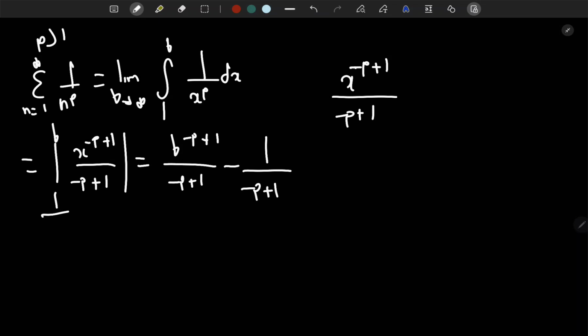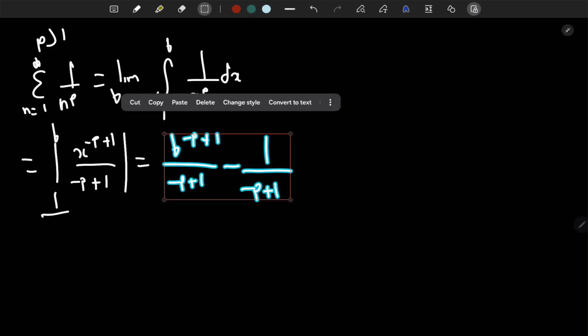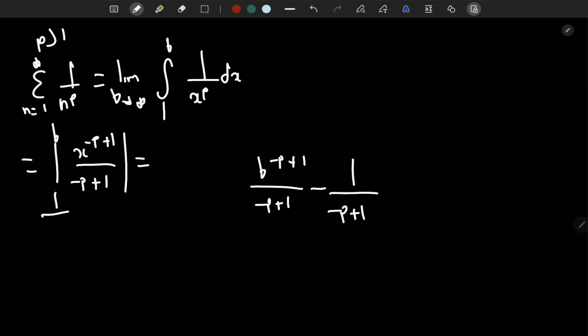Now let's erase this part over here. All we have left is this, and don't forget that we do have a limit, which is the limit as b approaches infinity.